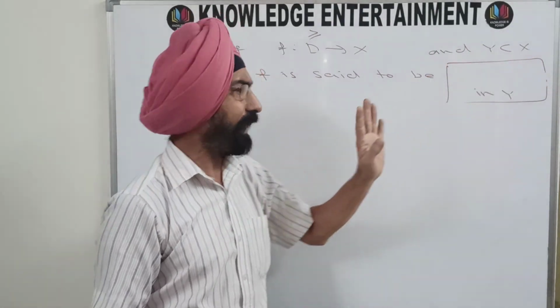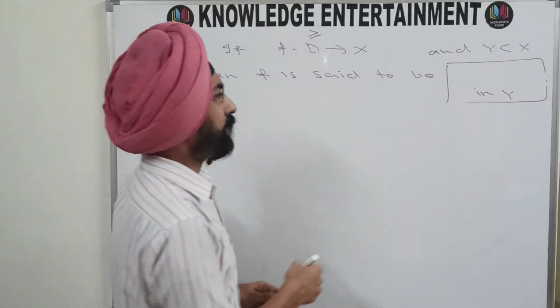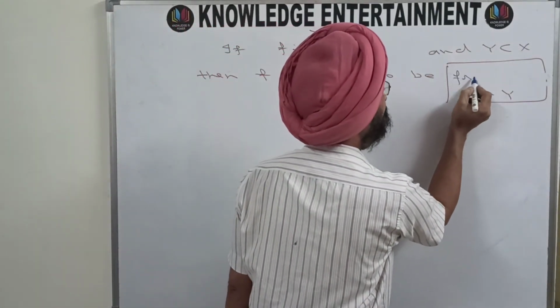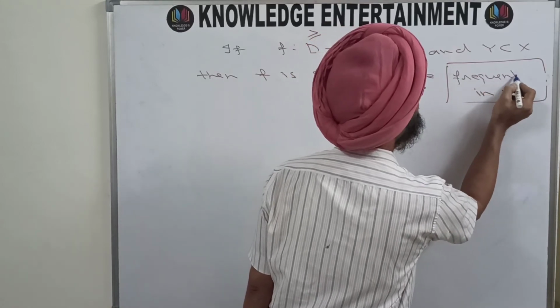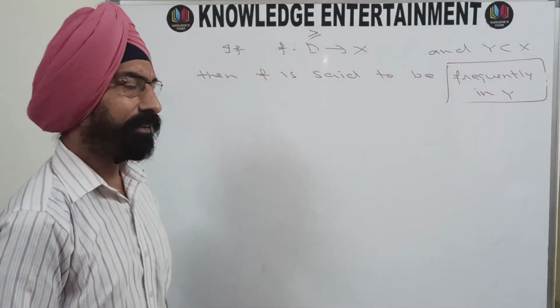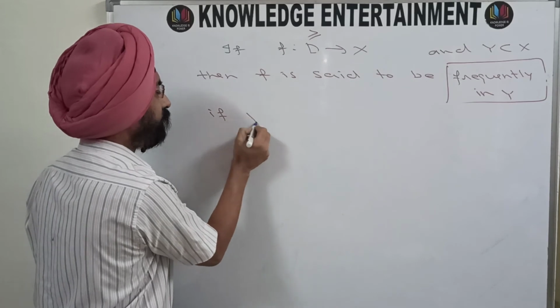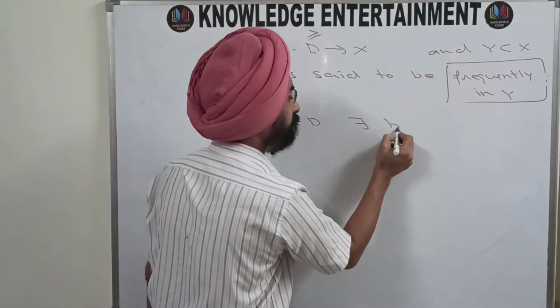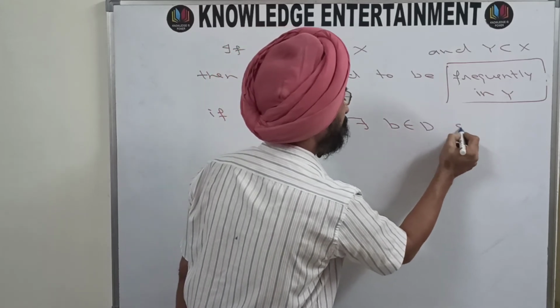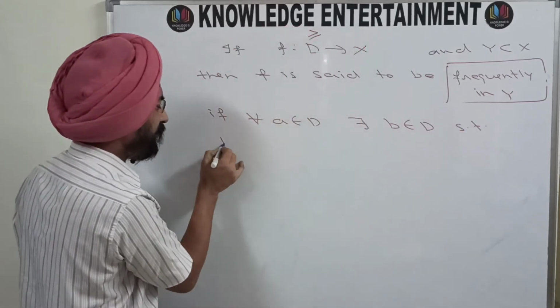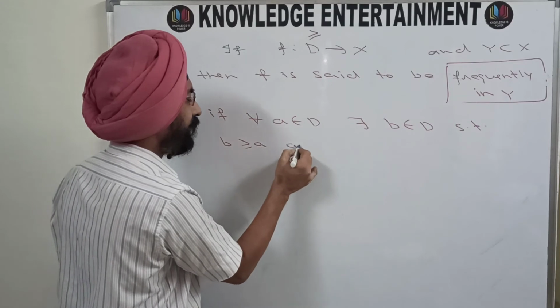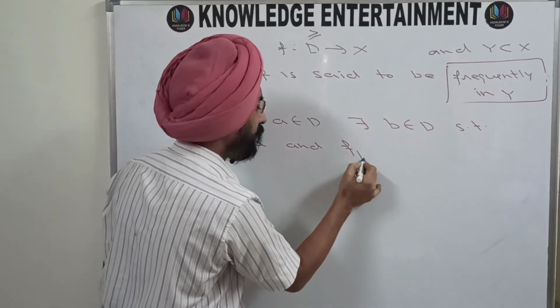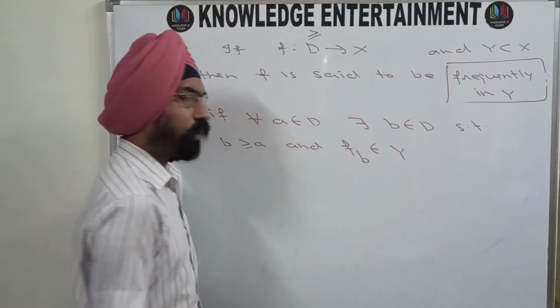Y is a subset of X. Then F is said to be frequently in Y if for every A belonging to D there exists some B belonging to D such that B follows A and F of B belongs to Y.